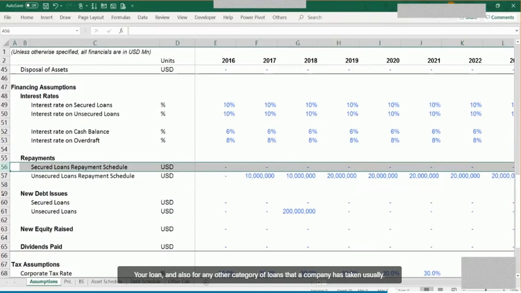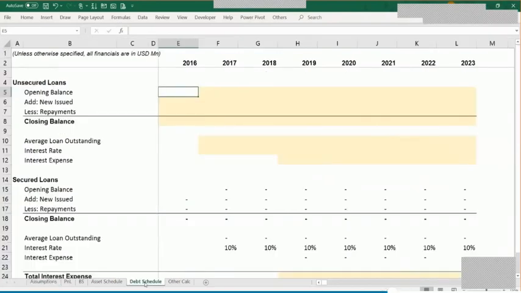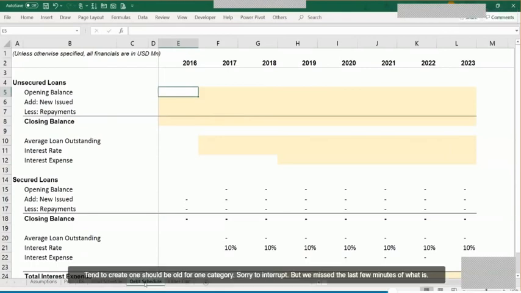So usually you would see that we tend to create one schedule for one category of loan.